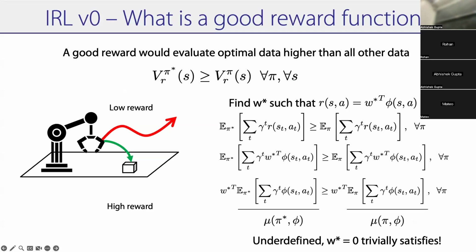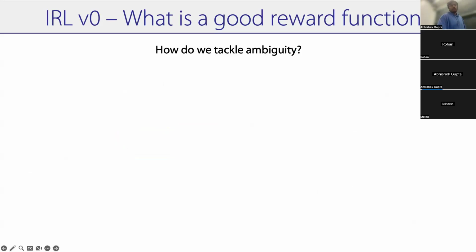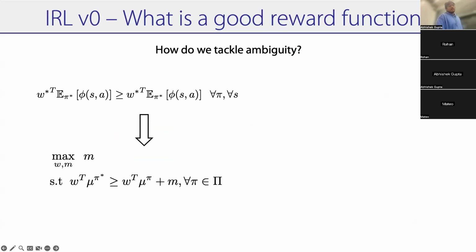Okay, so any ideas on how we make this less underspecified? Yeah, so you could force the norm of W star to be 1, and we do that. But the next idea we're going to talk about is called max margin.